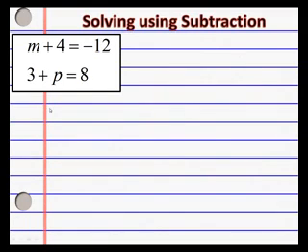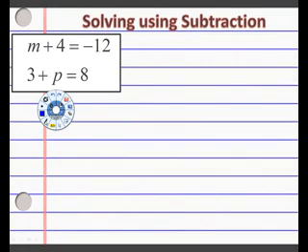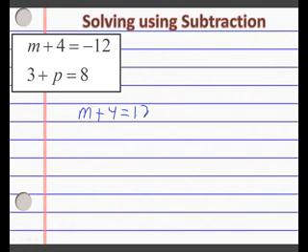Let's go ahead and begin with m plus 4 equals negative 12. So when you're working with equations, you want the letter, the variable, by itself, and you want everything else on the other side of the equal sign.